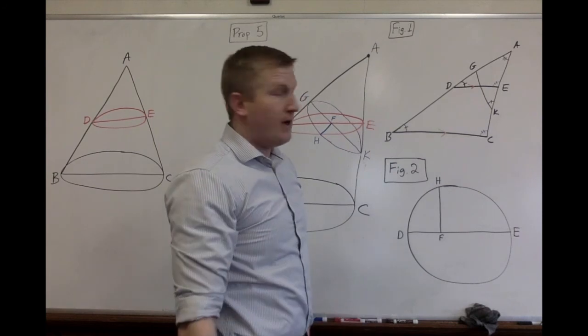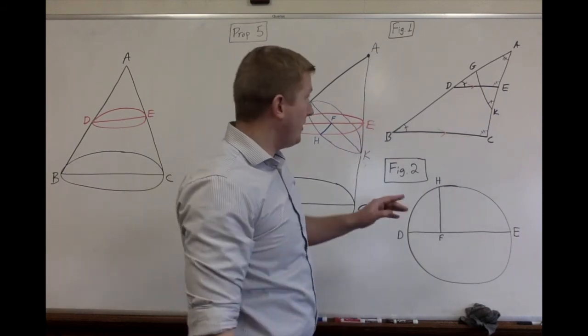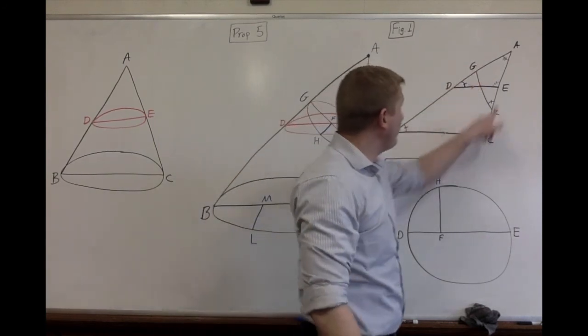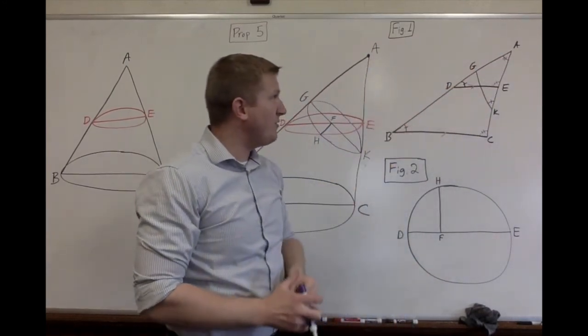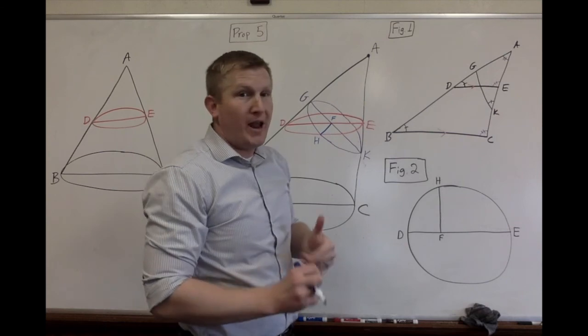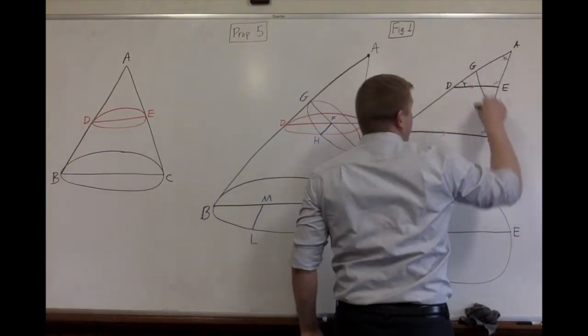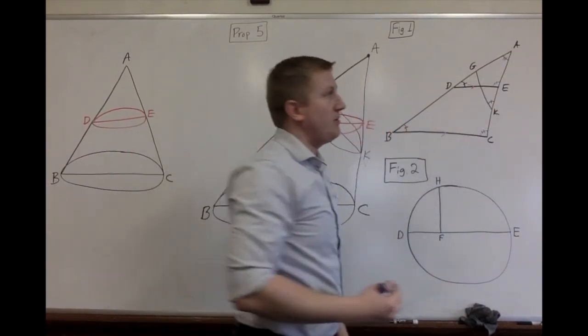Because that would be the third angles for the triangles ABC and ADE. So we know those two angles have to be equal, but then also the third angle of triangle AGK must also be equal to those two.